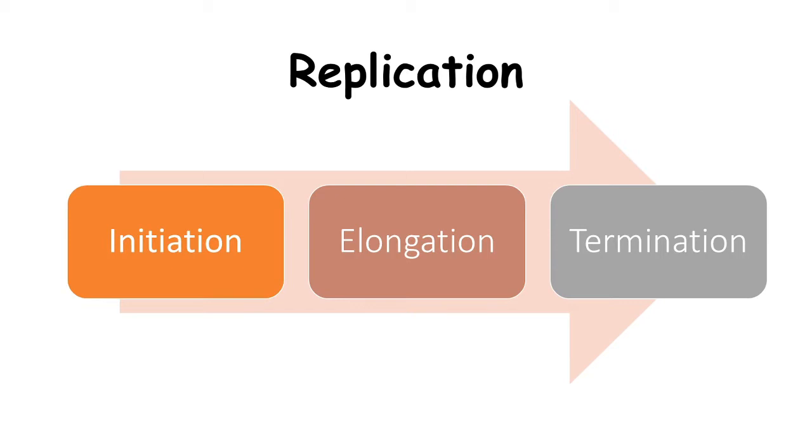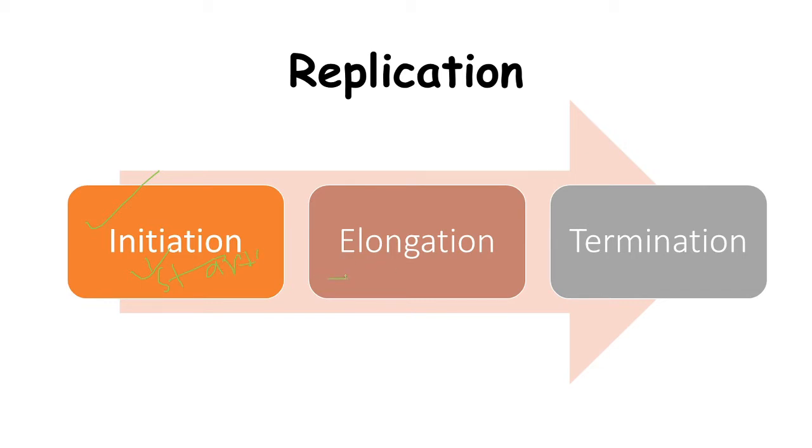First, the replication process has three steps: initiation, elongation and termination. The whole process doesn't really have stages; we divide it just for our better understanding. Initiation, the proper meaning of which is something starting, means the starting of replication.